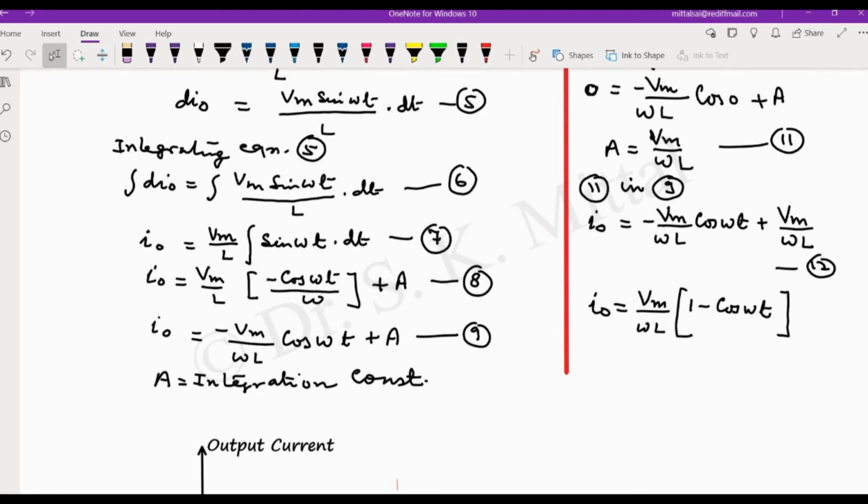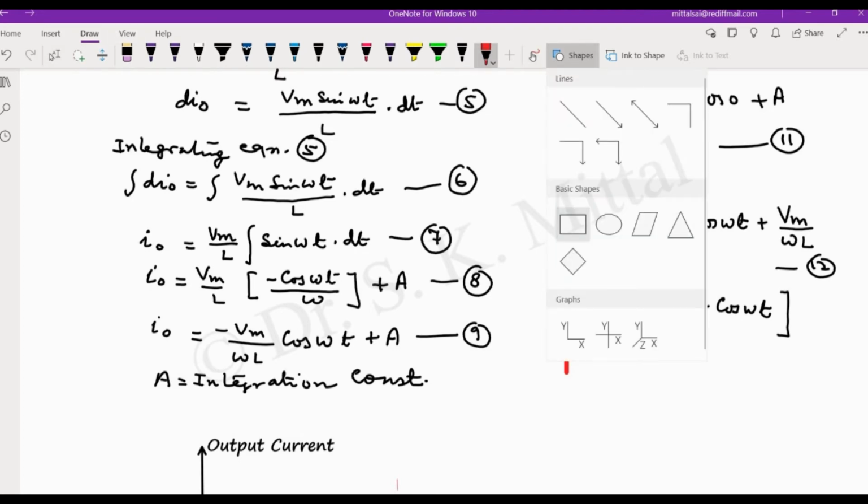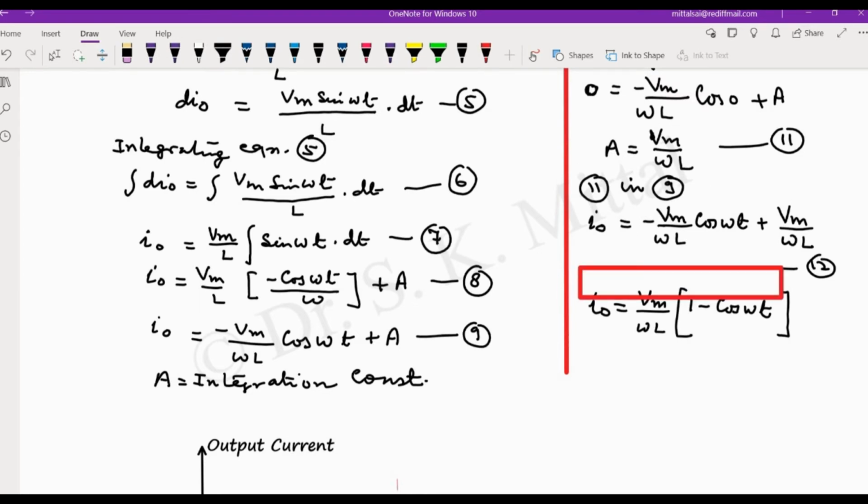Now this is the expression for output current. I0 is equal to Vm upon omega L times 1 minus cos omega t.